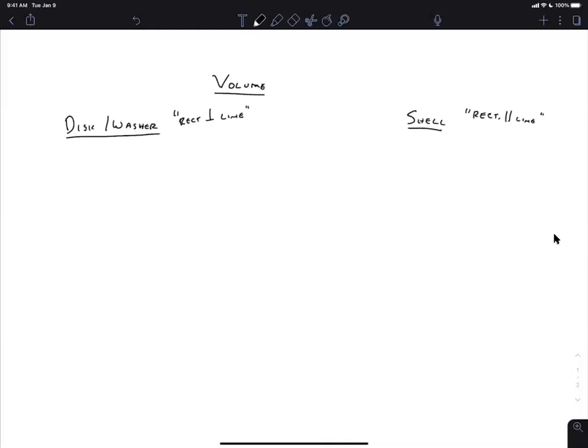So the dishwasher method volume is pi times the integral of the big radius squared minus the small radius squared, times the thickness of the rectangle, either dx or dy. And the shell method volume is 2 pi integral rh, and then either dx or dy there.